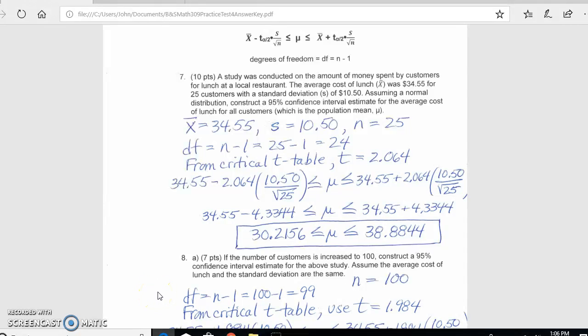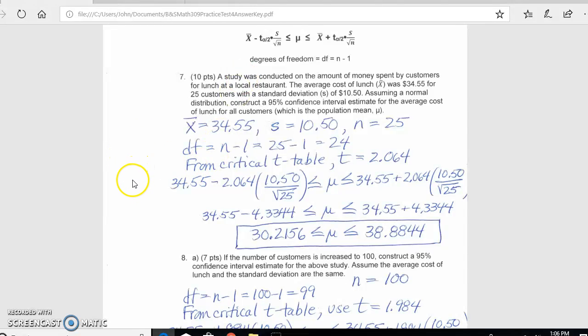In that table, we're going to have to use 100, which is the closest degrees of freedom, come across to the 95% confidence interval column, and we will find the t value there of 1.984. And that's the value that we're going to use now in this equation.